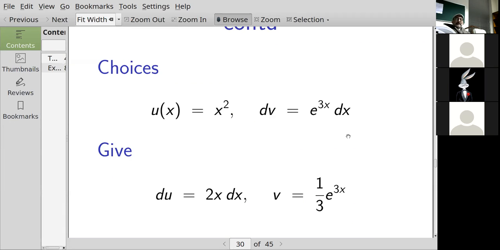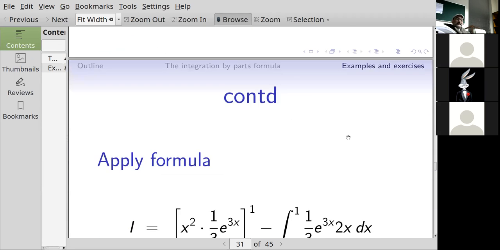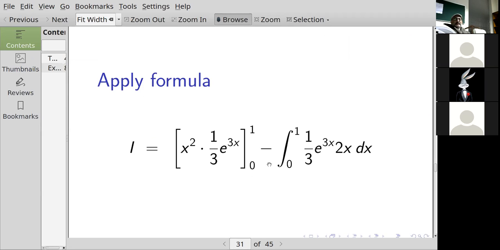Now we can apply our integration by parts formula, and because it's a definite integral, we also apply the values at the endpoints. So I is uv evaluated at 0 and at 1, minus the definite integral from 0 to 1 of v, which is 1/3 e to the 3x, times du, which is twice x dx.